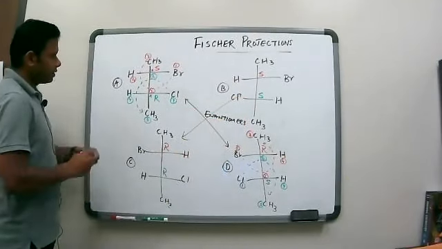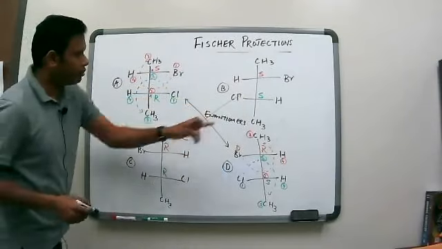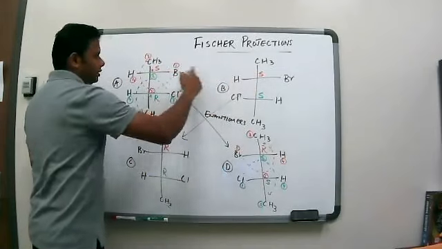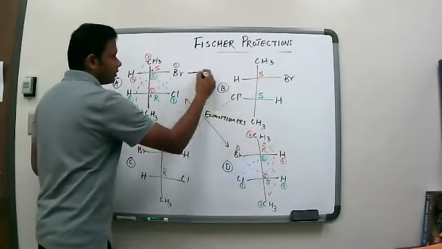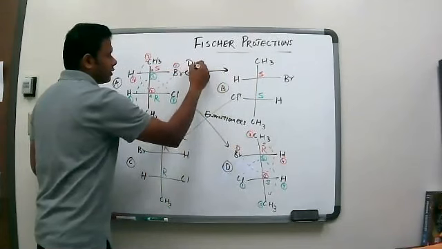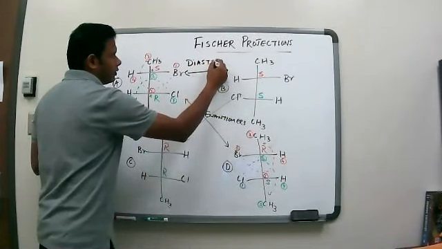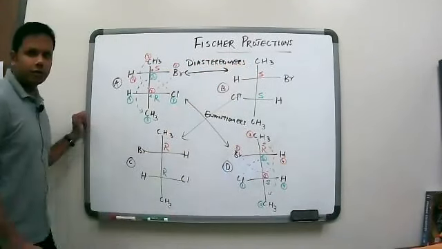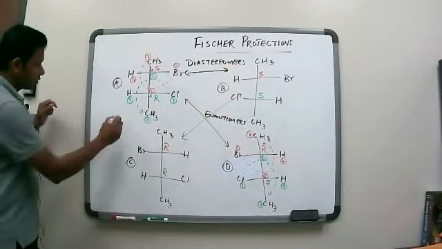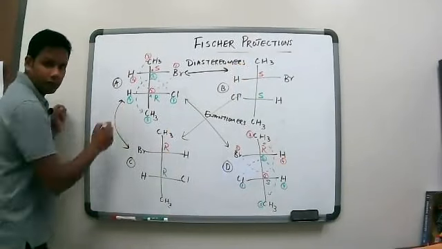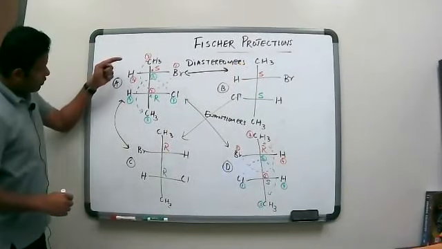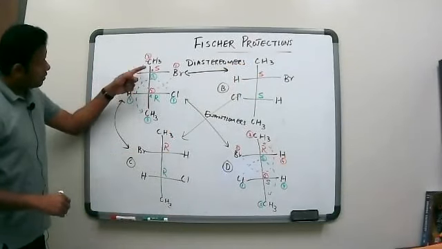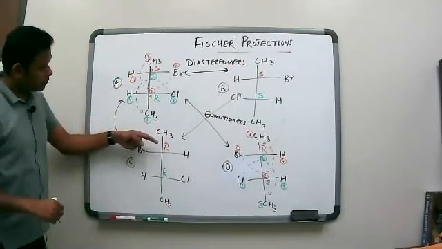Now, between structure A and structure B, one stereocenter is retained, the other stereocenter is inverted. So that means these are diastereomers. Between structure A and structure C, one stereocenter is retained, and the first stereocenter, the top stereocenter, is inverted.